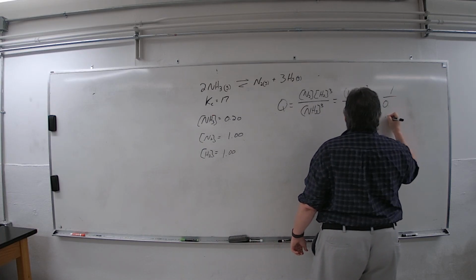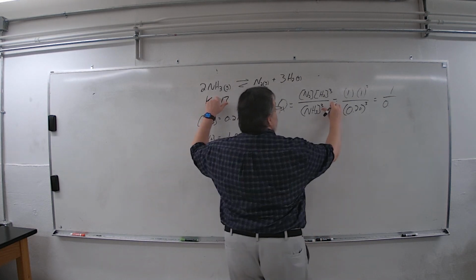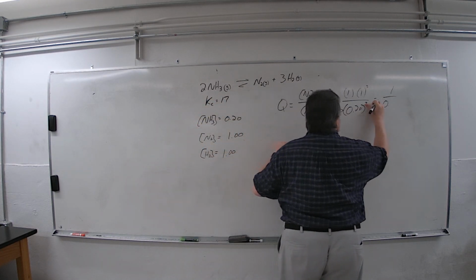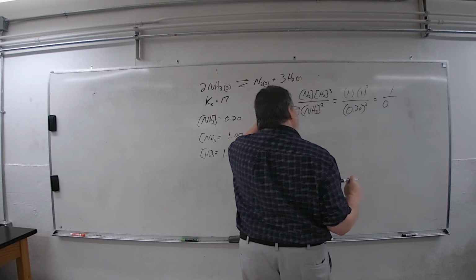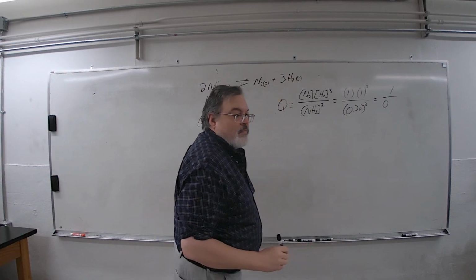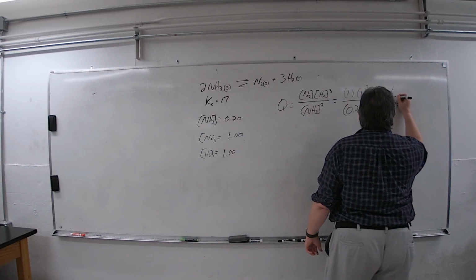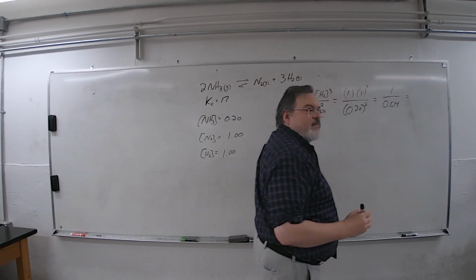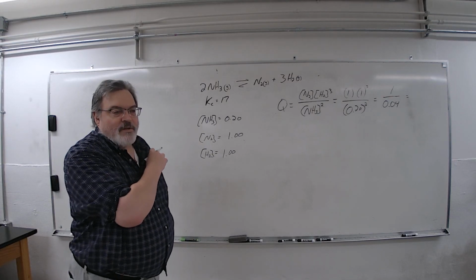The NH3 would be the second house, squared. So what is 0.2 squared? 0.04. That's right, isn't it? 0.2 times 0.2?